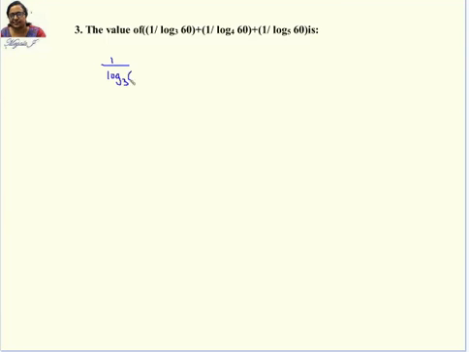I just want you to tell me the first step. Anyone? They all have the common denominator log 60. Yeah, they are in the denominator. So what are you supposed to do? First thing is you have different bases, correct? Yes, ma'am. And you have the 60 as common. So what can you do?